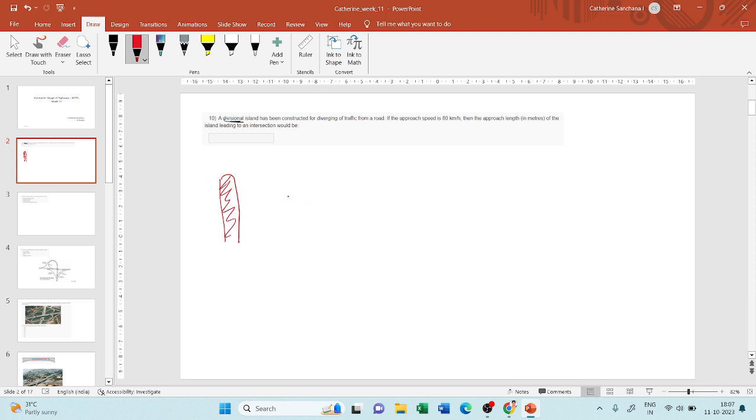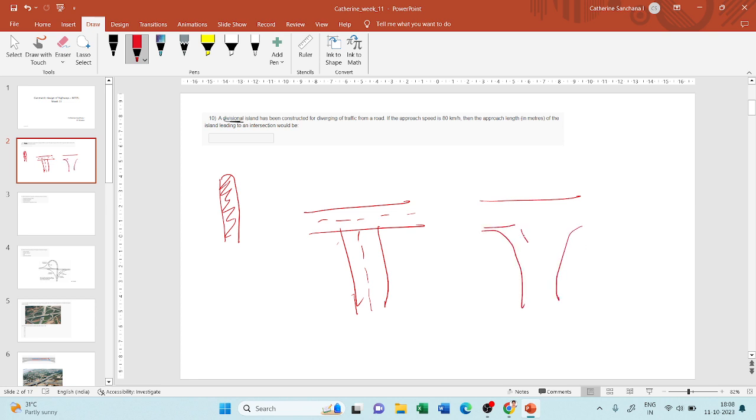You know what road islands are, right? Say I have an intersection like this. In order to have a streamlined flow or to avoid conflict points, I can make this a Y intersection with a channel in between, to make the flow streamlined.